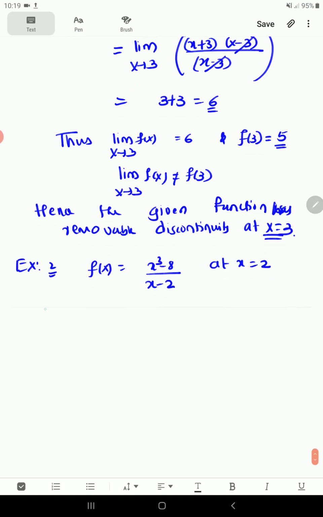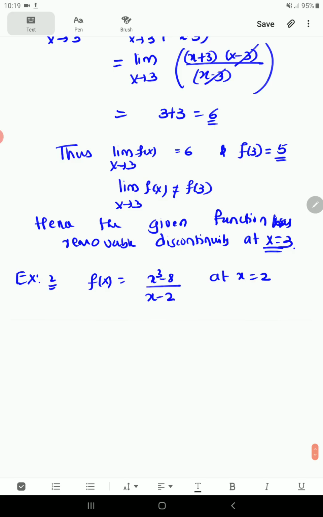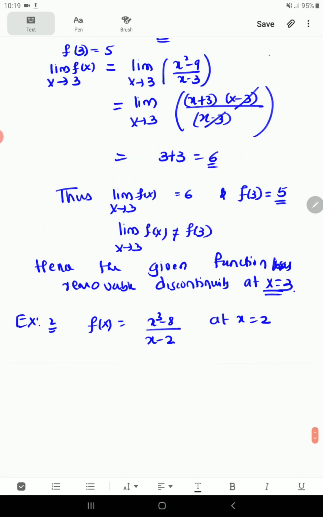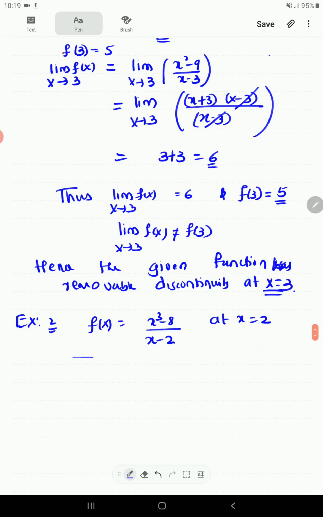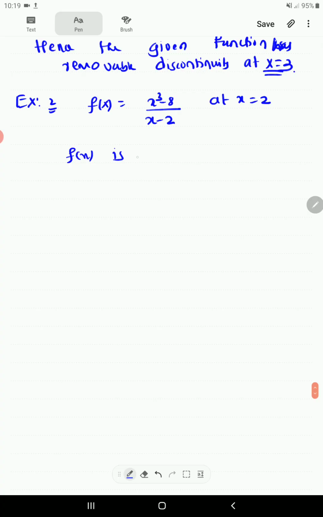So f of x is not defined at x equal to 2, because if I put x equal to 2 here, it becomes 0 by 0.